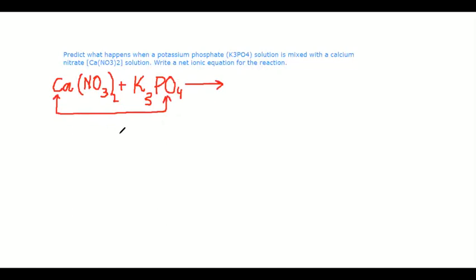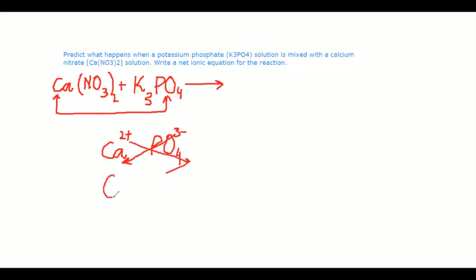When Ca attaches with PO4, the correct formula will be: charge on Ca is 2 positive and charge on PO4 is 3 negative. So this 3 comes here, this 2 comes here.